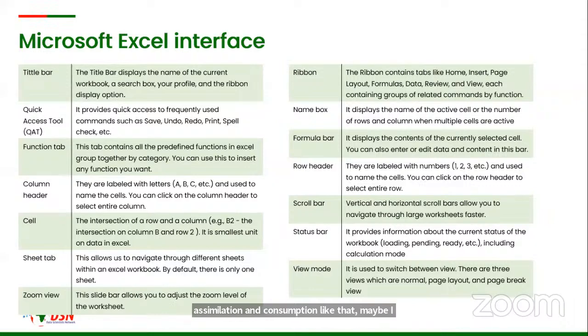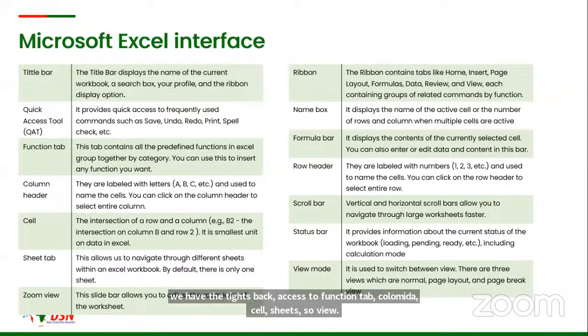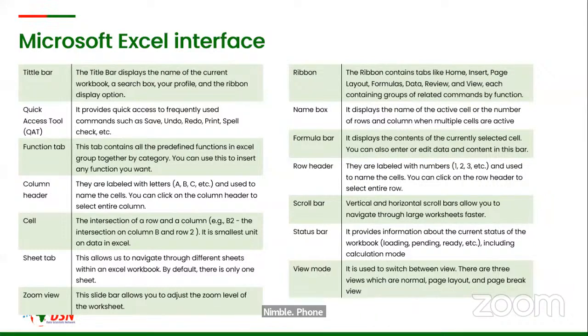I would not be repeating myself on all of these things I've explained earlier. So we have the title bar, quick access toolbar, function tab, column header, cell, sheet, zoom view, name box, formula bar, the ribbon, the scroll bar, status bar, view mode, and the likes.